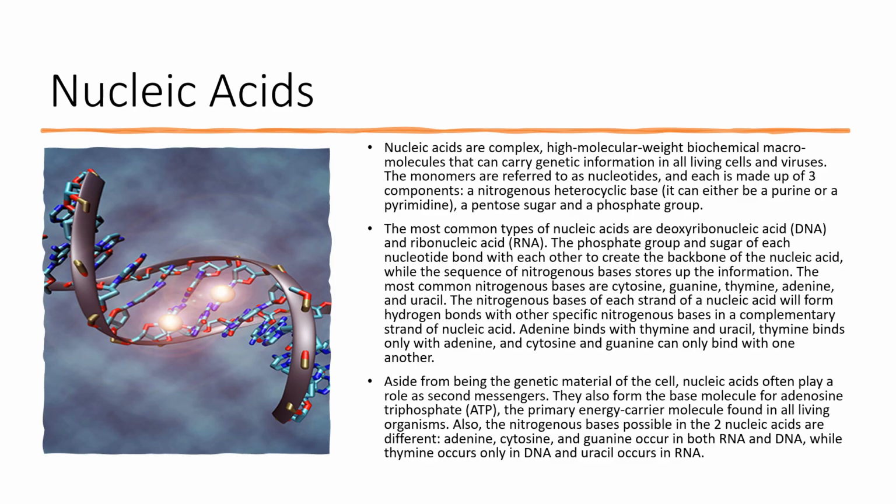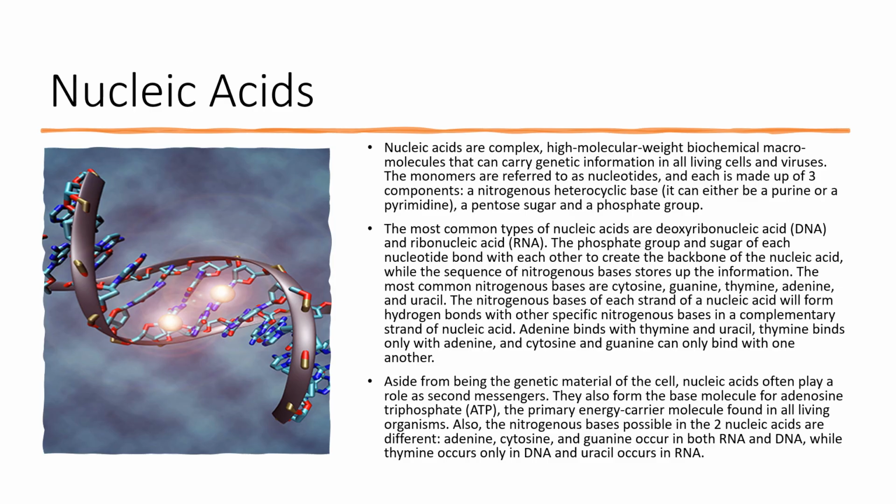Aside from being the genetic material of the cell, nucleic acids often play a role as second messengers. They can also form the base molecule of adenosine triphosphate, also referred to as ATP, the primary energy carrier molecule found in all living organisms.